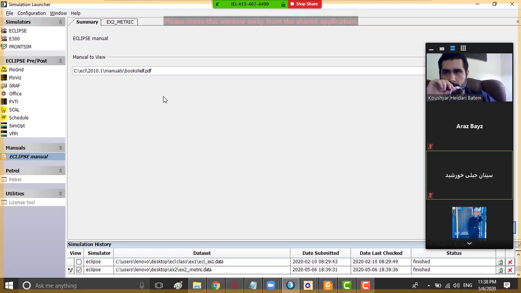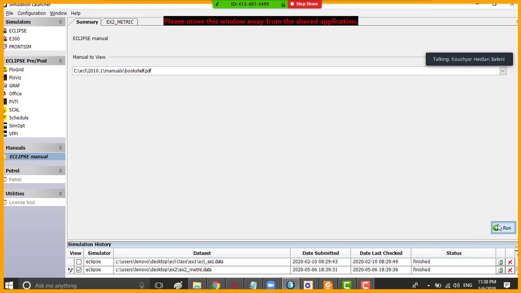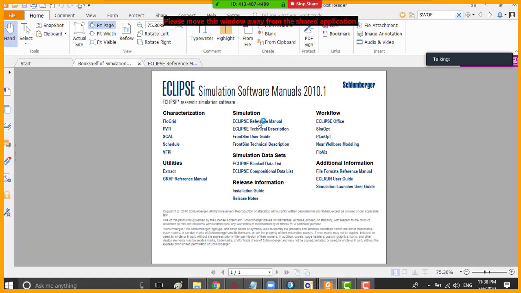We go to the simulation launcher, we click on the manuals, we press the run button, and the bookshelf pops up in the PDF viewer that you have.